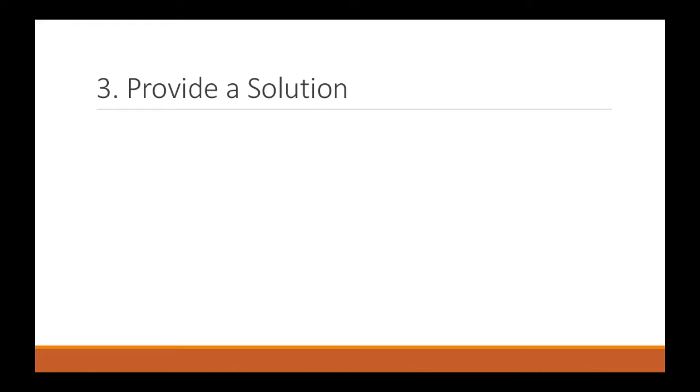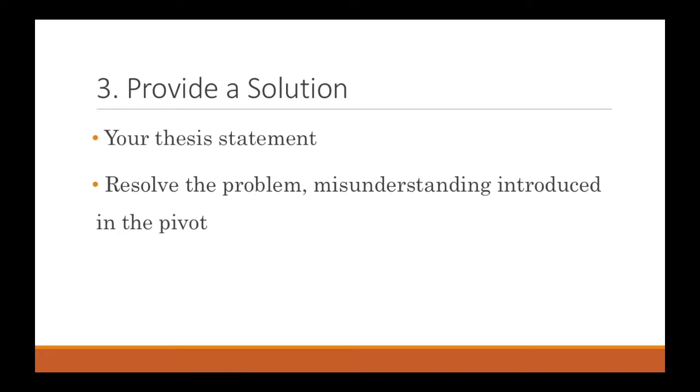This leads us to the final step, which is providing a solution. This is when you introduce your thesis statement. And the thesis statement should naturally resolve the problem or misunderstanding that was introduced in the pivot, right? And it'll feel very natural.